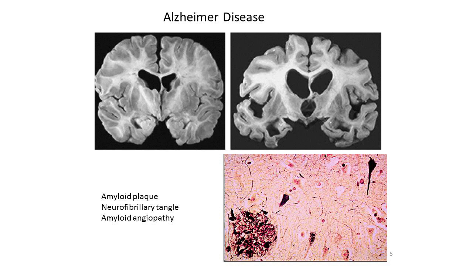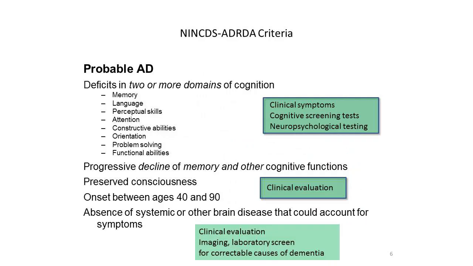And what we see pathologically, we see amyloid plaques, which are extracellular depositions of various proteins, including the amyloid beta protein. And we see neurofibrillary tangles, which are neurons which undergo neurodegeneration. Also, we can appreciate amyloid angiopathy when amyloid is deposited in the blood vessels, and that increases the risk of bleed.